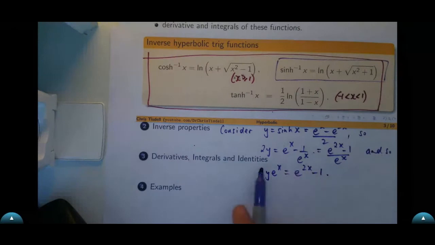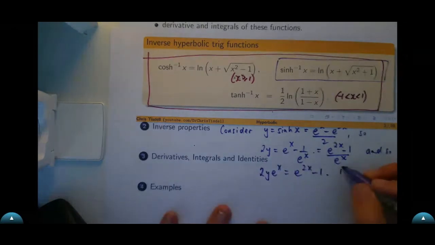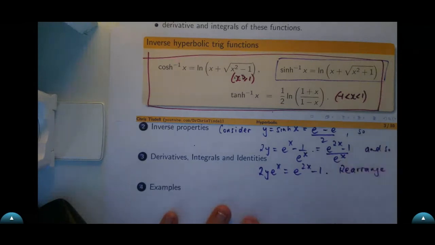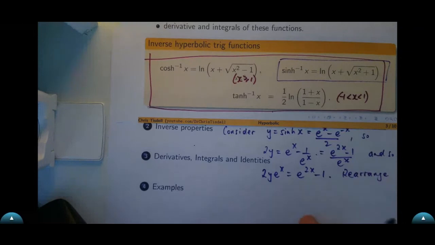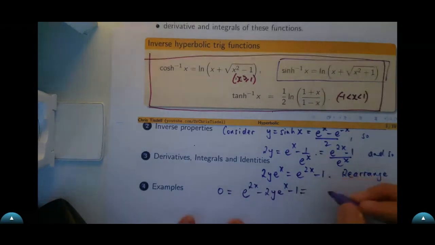All right. So now this is an equation that we can do something with, believe it or not. So let's rearrange and I'll show you what's going on. So let's bring that to the other side. Now this looks like a strange equation, but I can actually write it like this.